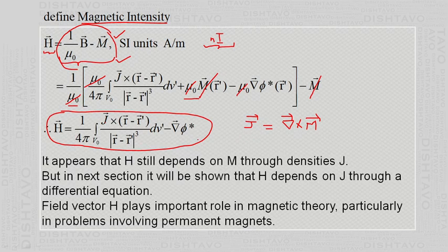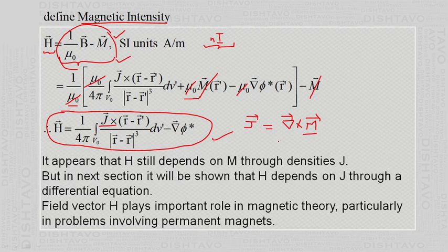So that means even in this equation, it looks as if H depends on the magnetic material. So this is not a final expression for H. Since H depends upon J and J in turn depends upon M, it looks like H depends upon the magnetic material.